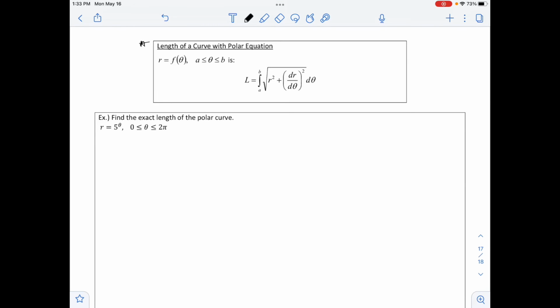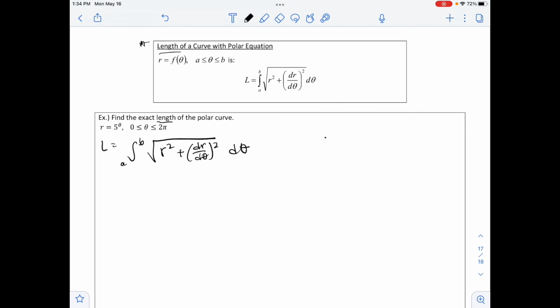So the example right below says to find the exact length of the polar curve r equals 5 to the theta for theta between 0 and 2 pi. So the first thing I notice is, for my equation, L equals the integral from a to b of the square root of r squared plus dr d theta squared d theta, since we're talking about the length, that I know r, however I do not know dr d theta.